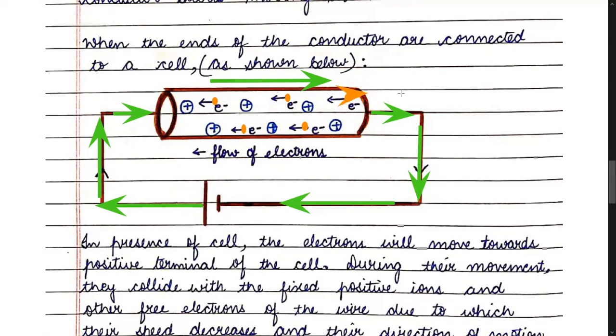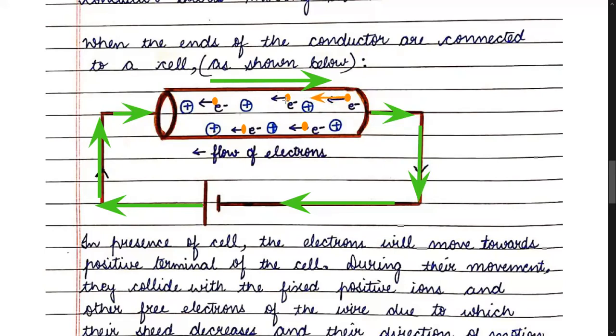Now, can these negatively charged particles move towards the negative terminal of the cell? Can negative electrons come towards the negative terminal? Negative will repel each other. They will not attract each other. So what will happen? The electrons will not move towards the negative terminal of the cell because like charges repel each other.